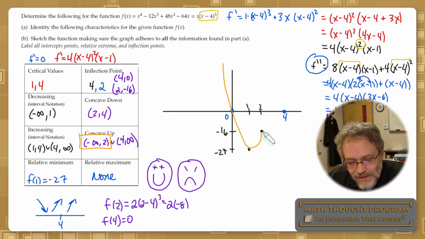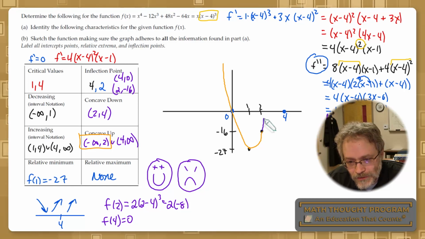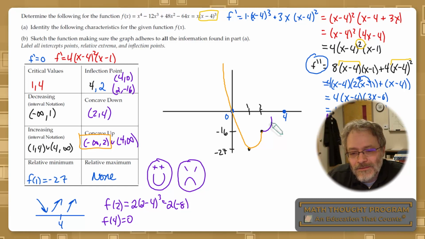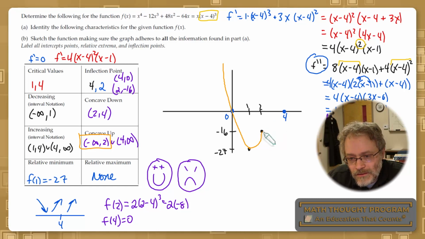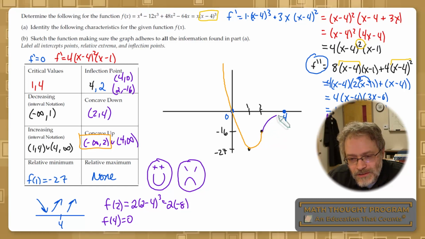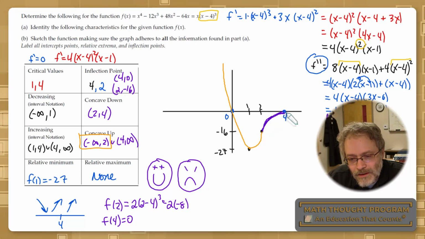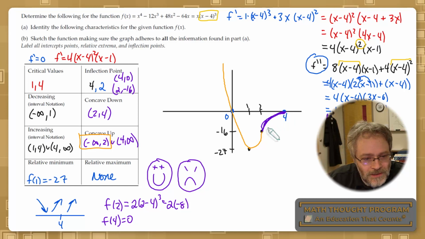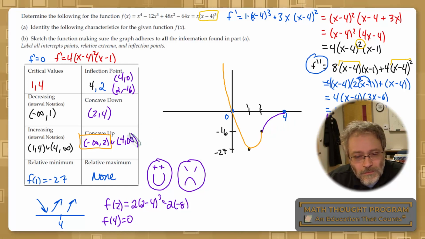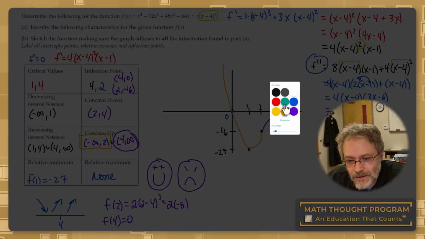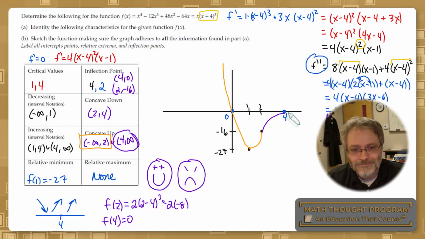I don't want to keep going like this, nor do I want to do this, because that's concaved up. I want it to be concave down. So I'm going to change it so it's more concave down. Then I am going to be concaved up again from 4 to positive infinity. So on the other side, I'm back to being concaved up.